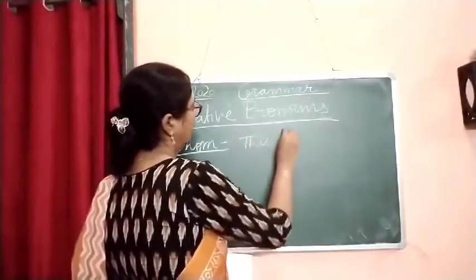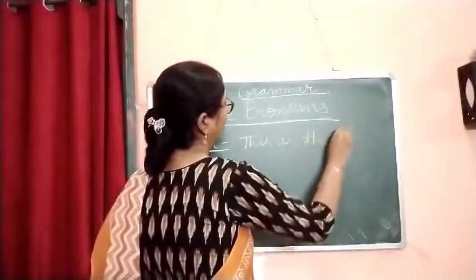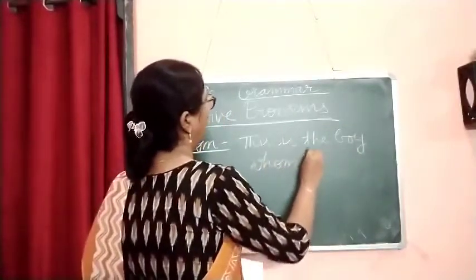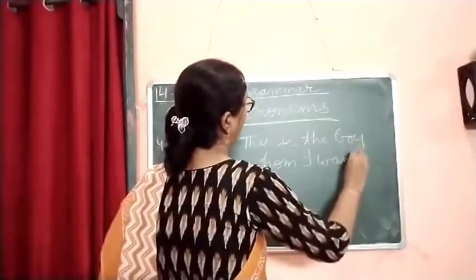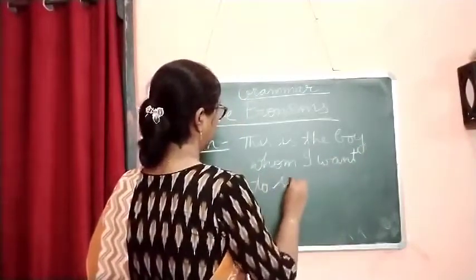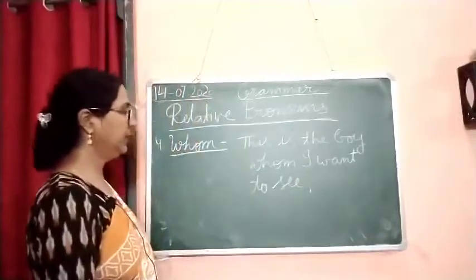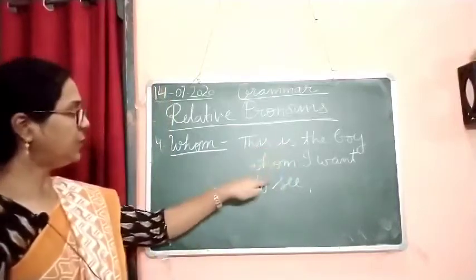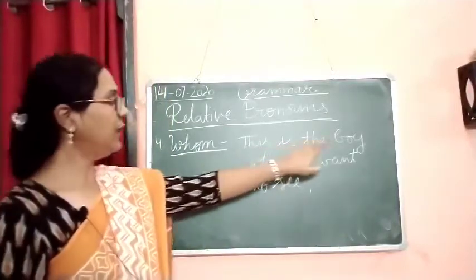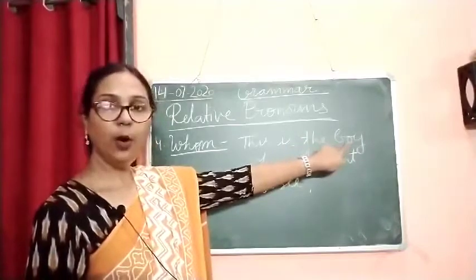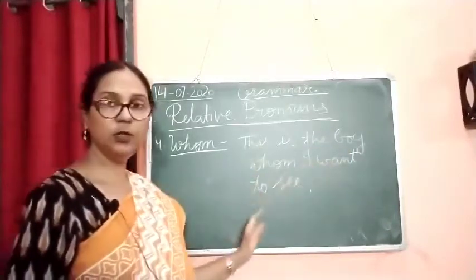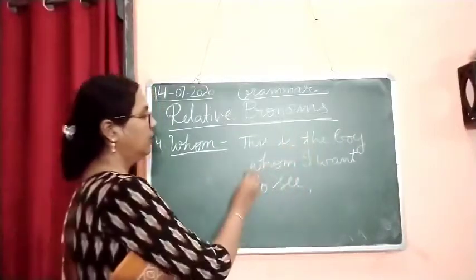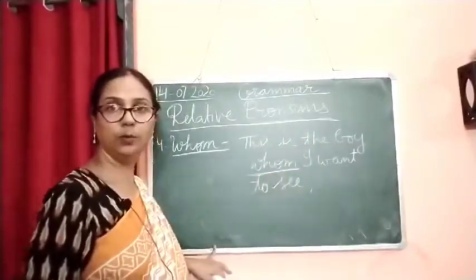This is the boy whom I want to see. Here you can see I have used whom to show the relation between the boy and I want to see. That boy I want to see. So here we are using whom.